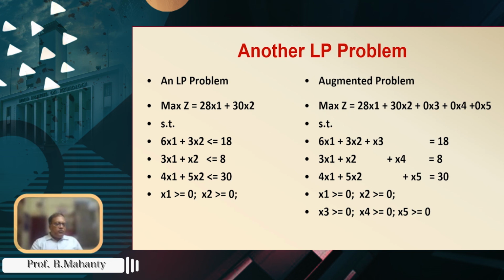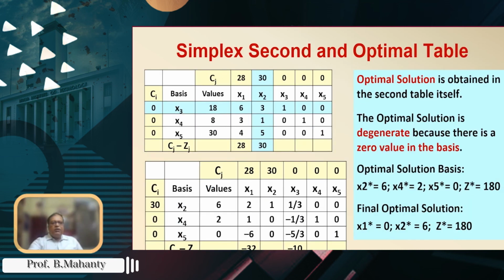We need a solution to this problem. The variables are x1 and x2. We added some slack variables to solve the problem, but we are really not so much interested in the slack variable values. We are really interested in the x1, x2 values. And when we got the final optimal solution, we found that x1 and x2 are the solution to the original problem, and there is a 0 in x1.